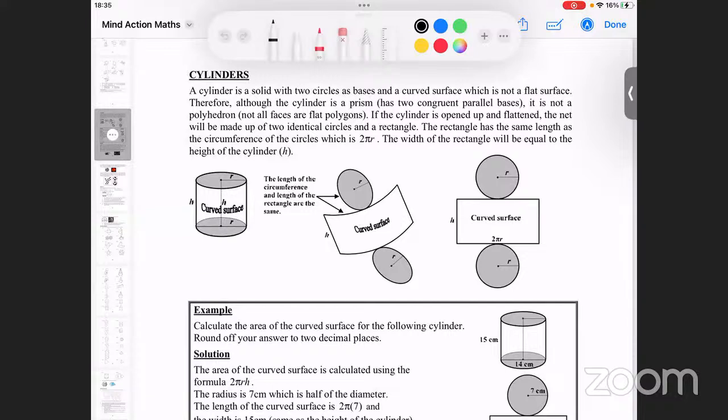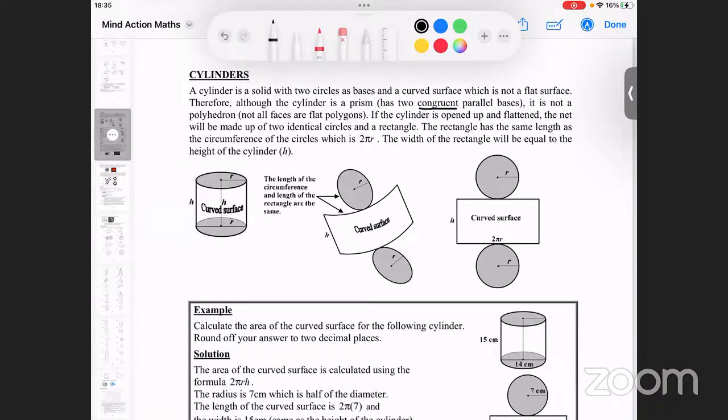Fine. So you have a cylinder, which is a what? A solid with two circles as bases and a curved surface, which is not a flat surface. Although a cylinder is a prism, it has two congruent parallel bases.